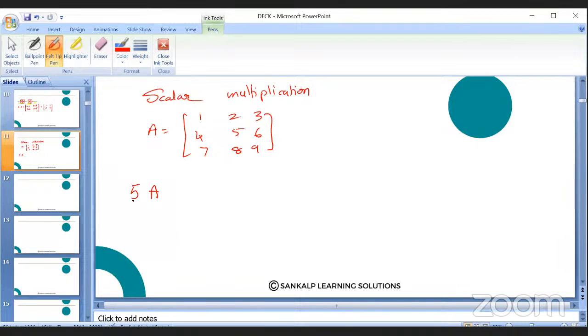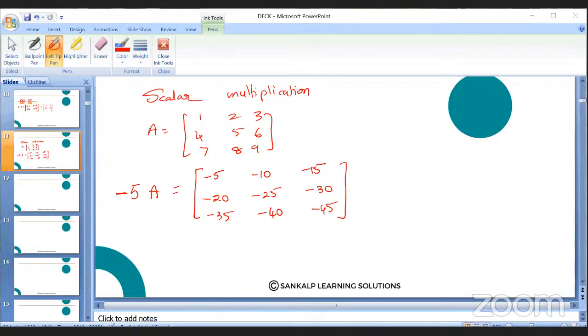Scalar means a number like 5 or minus 5. Then each element you have to multiply with minus 5. 1 into minus 5, 2 into minus 5, 3 into minus 5, 4 into minus 5, 5 into minus 5, 6 into minus 5, 7 into minus 5, 8 into minus 5, 9 into minus 5. This is called scalar multiplication.